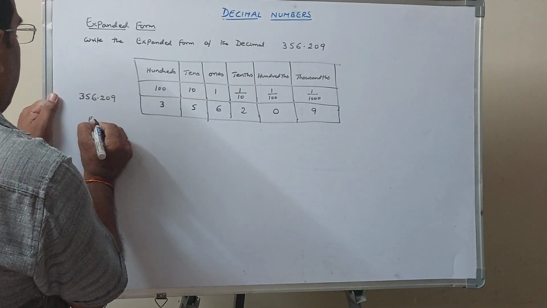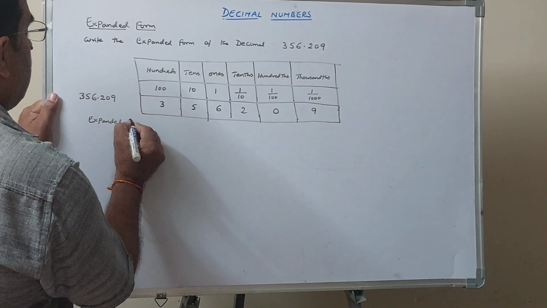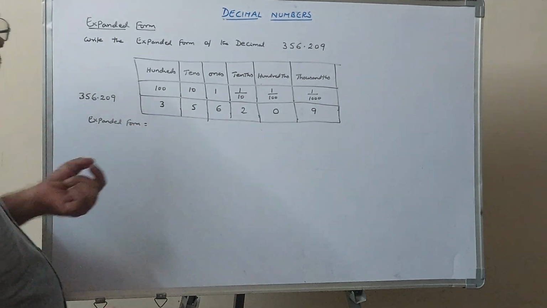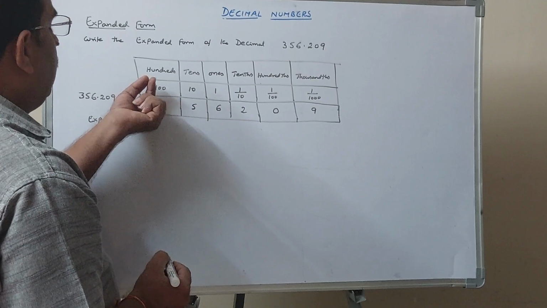So how to write the expanded form? The digit 3 you have to multiply with the place value.